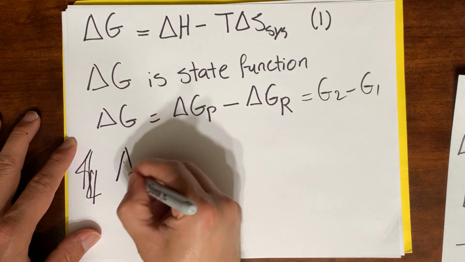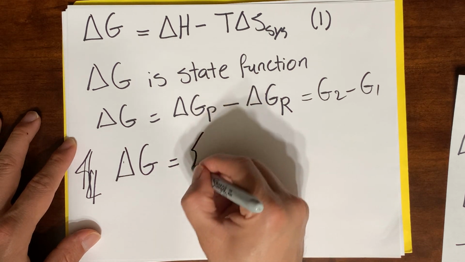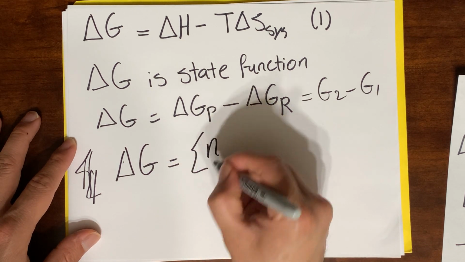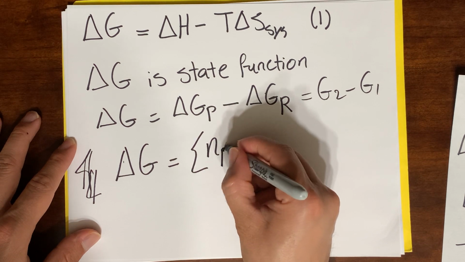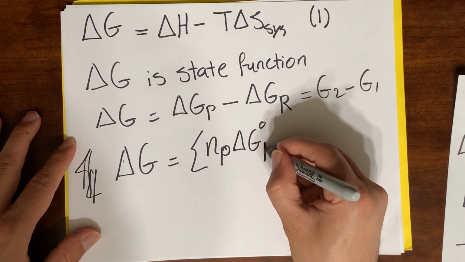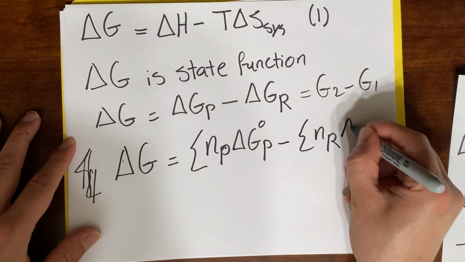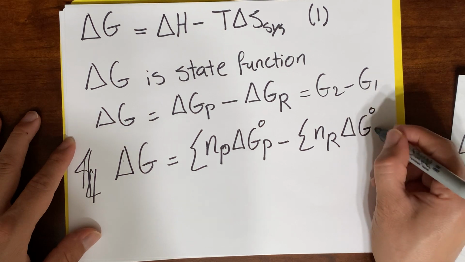So I can go with delta G equal to, similar to delta H, number of moles of product multiplied by delta G of product, minus number of moles of reactant multiplied by delta G of the reactant.